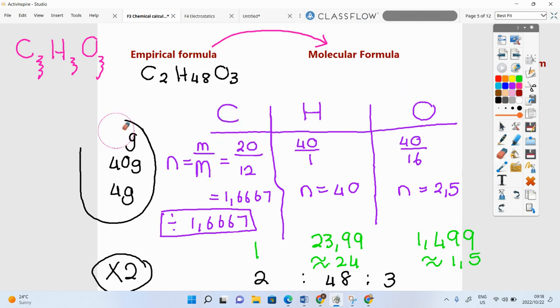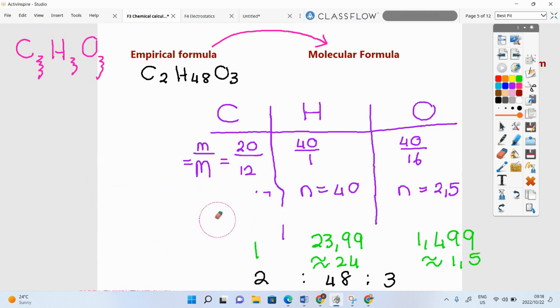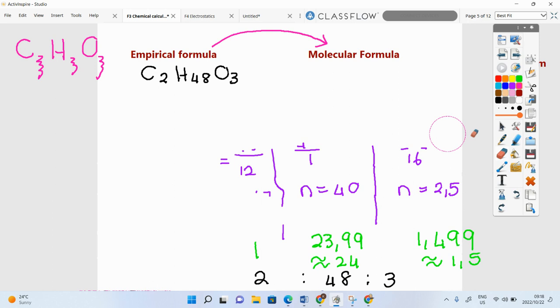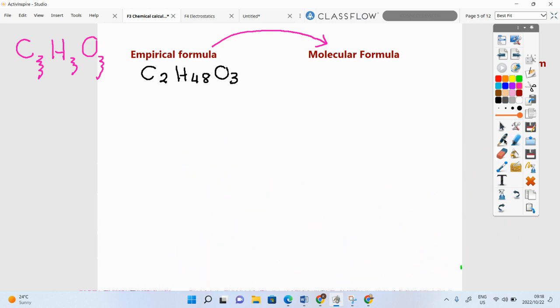Okay, now that's the first thing. Like I say, that substance might not even exist, but it's the building block of this substance. It means that every single building block of this substance is going to have that in it. So your next step, if they then ask you for molecular formula, is to work out the molar mass of this.